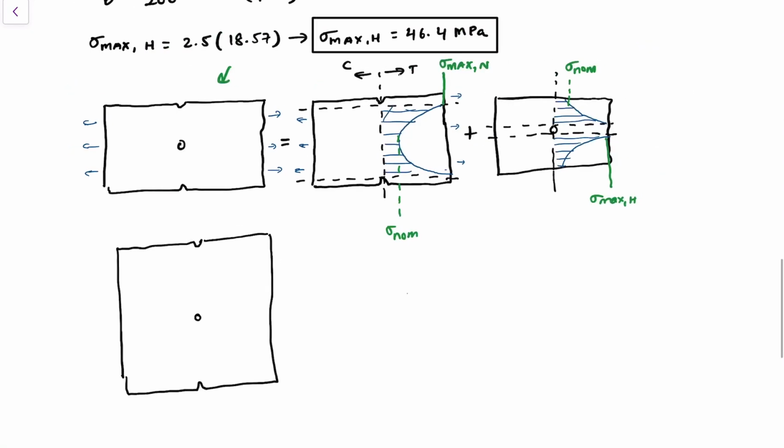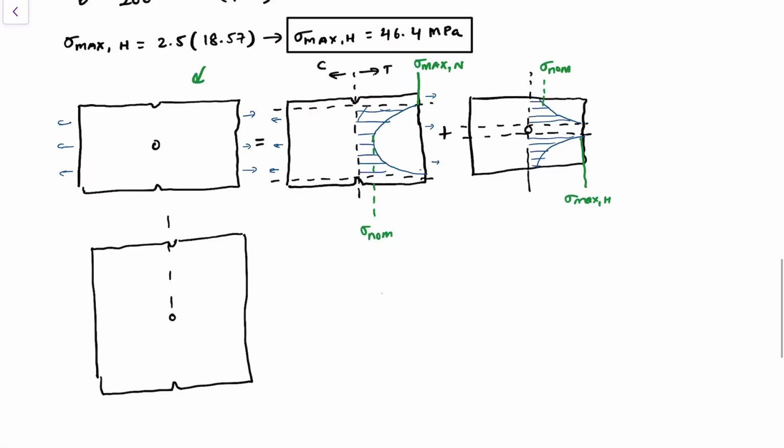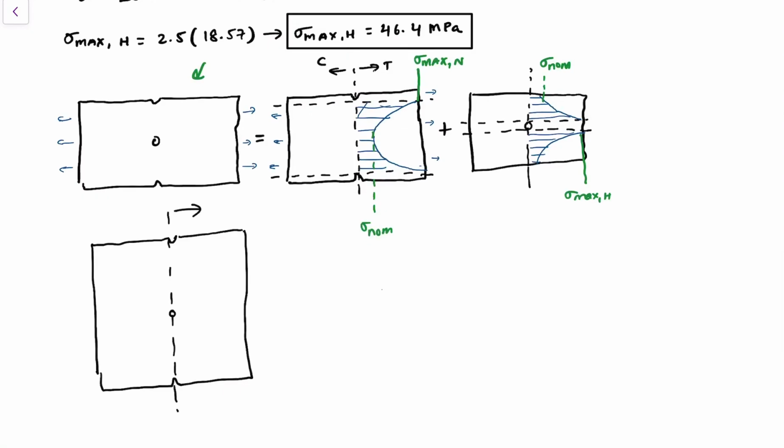So in this case, let me draw my line here. Both are in tension, so they would be on this side of the line. And we have this line that goes across this way, this way, this way, and this way. So it would look something like this.